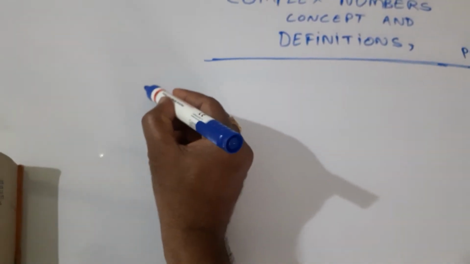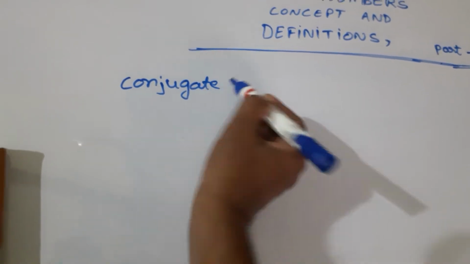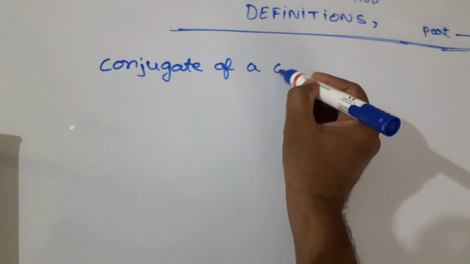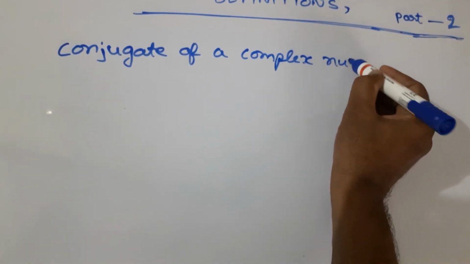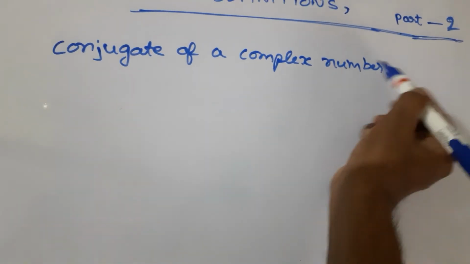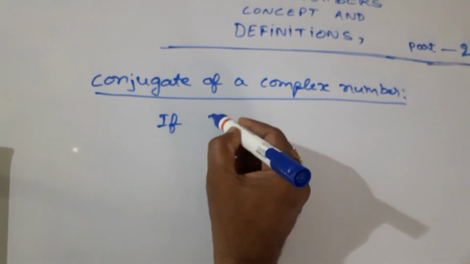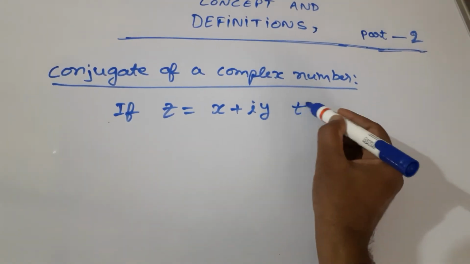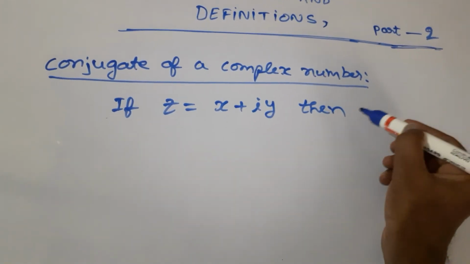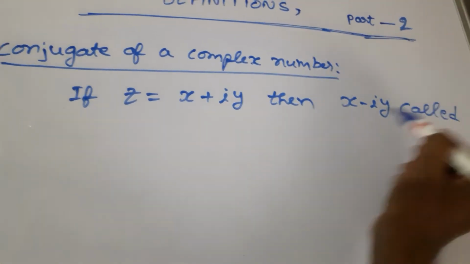So next I am going to tell you one definition. Conjugate of a complex number. If z is equal to x plus iy, then x minus iy is called conjugate of z.